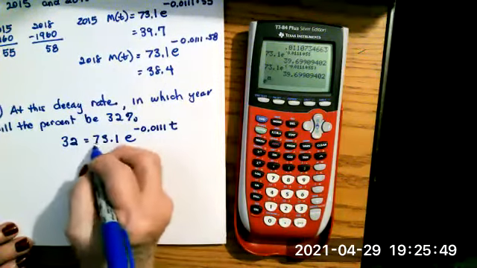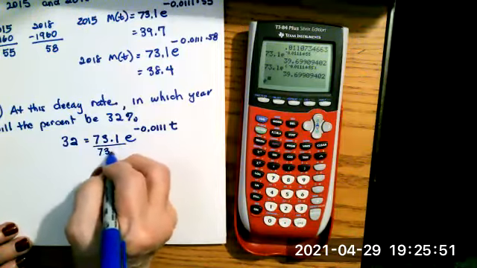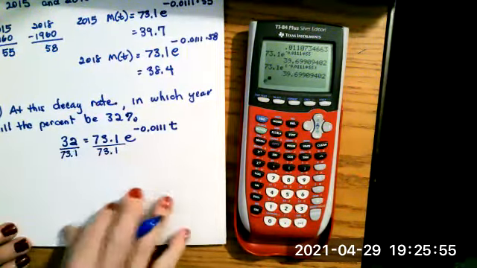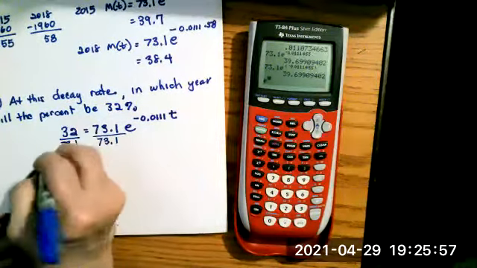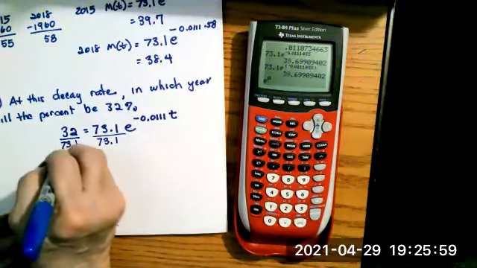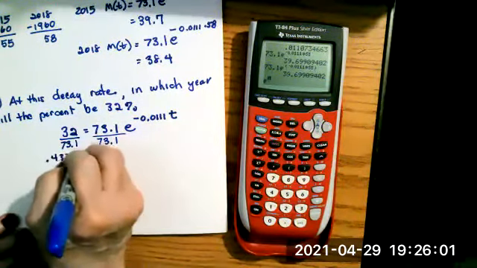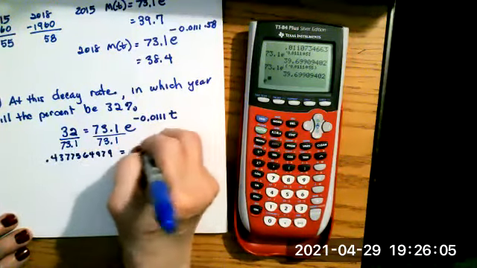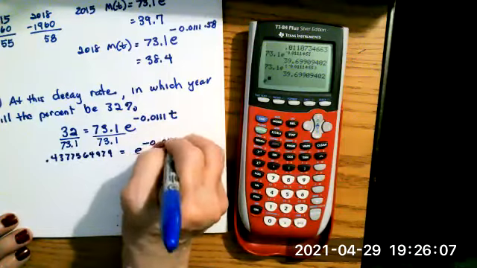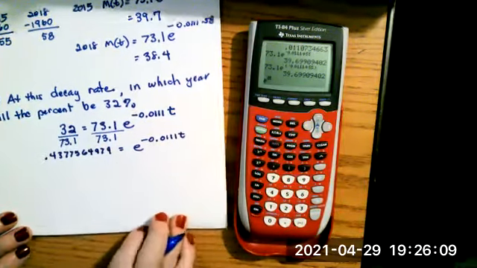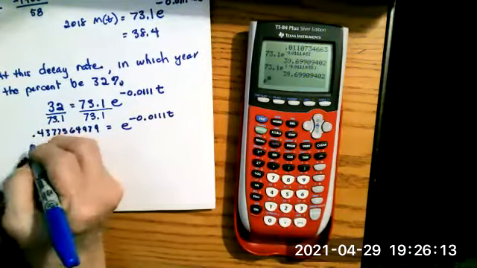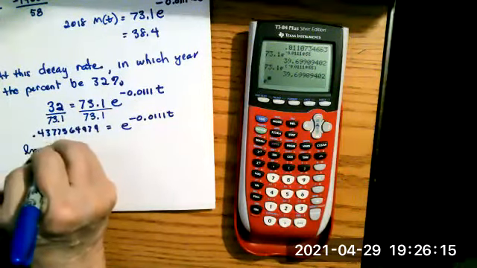This is another one where you divide both sides by that 73.1, and sometimes it's hard to start these. You get 0.4377564979. Then you bring that exponent to the front because you're going to LN both sides.